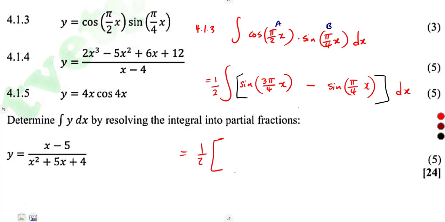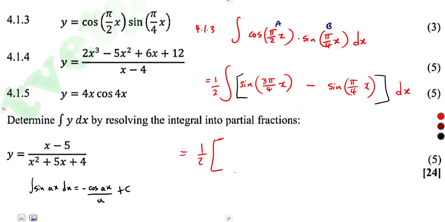Integrating the sine of ax with respect to x, remember sine was taken from a cos which was negative, so it's going to be negative cos ax over a, plus the constant of integration. So it's minus cos of the constant over that constant.